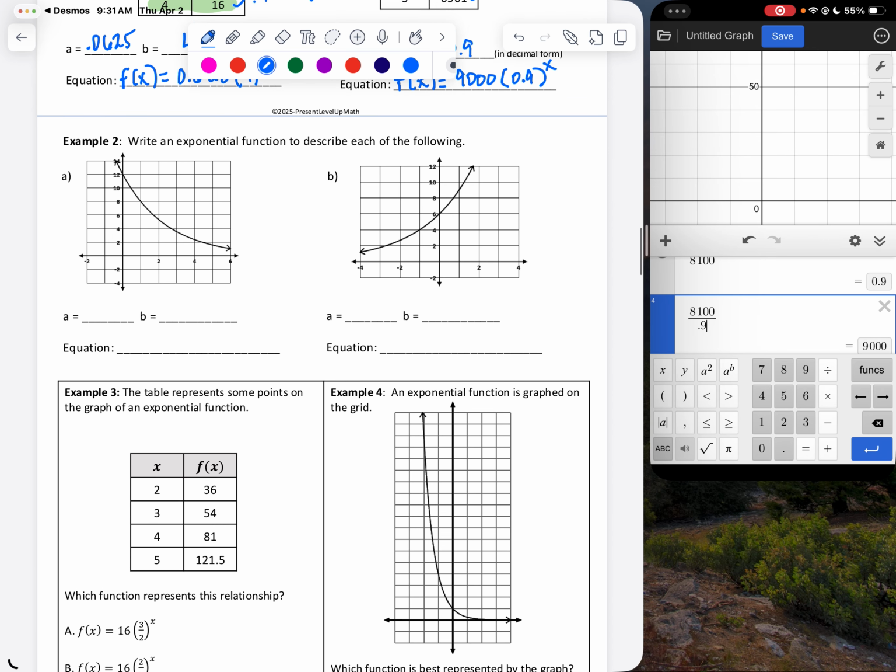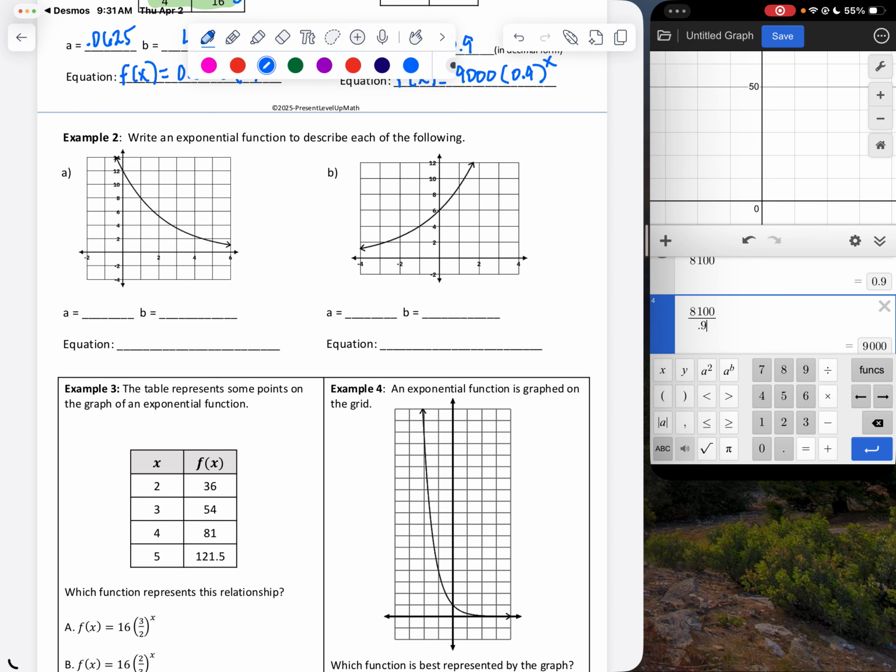All right, now let's talk about what to do if we're given a graph to write the exponential function for. We start out the same way. We want to identify the a value, the initial value, or the y-intercept. So I'll put a dot right there. So in this problem, our initial value is 12. Now, to get the common ratio, you're going to need to make a table.